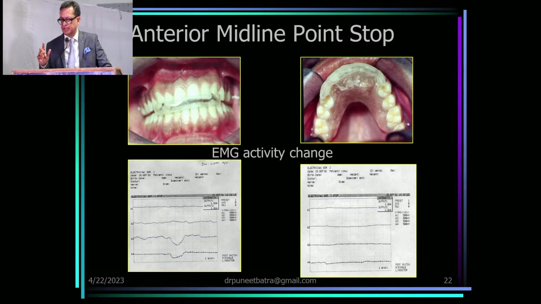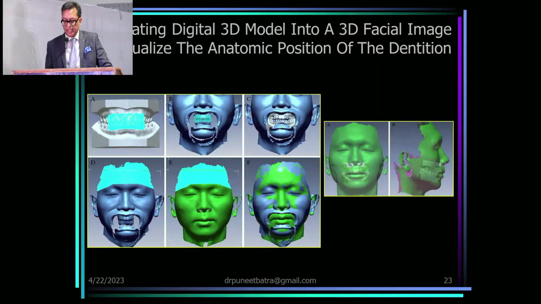Have a look at the graph on the left side and on the right side. You can see that the anterior fibers of the temporalis as well as the masseter muscle got relaxed once the splint was given.